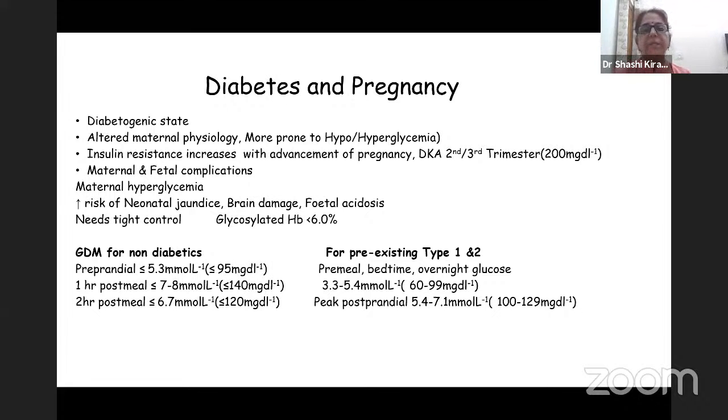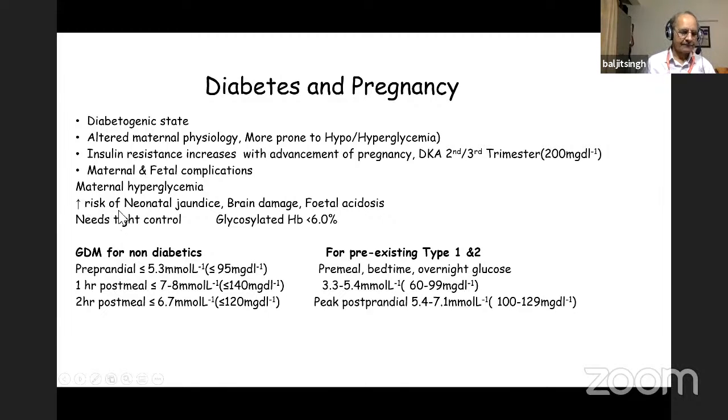I specifically chose this slide because day in and day out we are managing pregnant patients for cesarean section or otherwise. Pregnancy, we all know, is a diabetogenic state with altered maternal physiology. Therefore, they are more prone to hypo or hyperglycemia. Insulin resistance increases with the advancement of pregnancy, and diabetic ketoacidosis can occur in the second or third trimester.